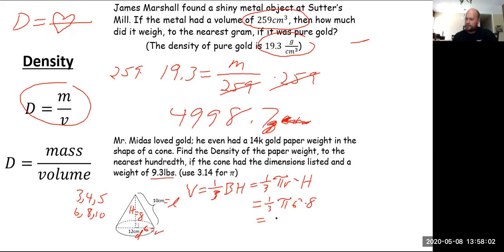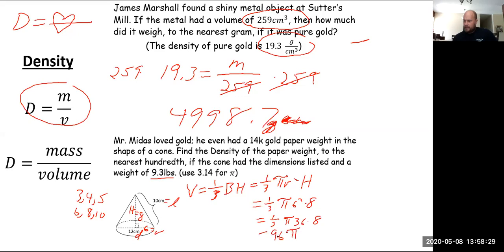Again, if you don't know your triples, you should. So 6 squared is 36. I have 1/3 times 36 times 8. Let's multiply that out. 1/3 of 36 is 12. So that's 12 times 8, which is 96.